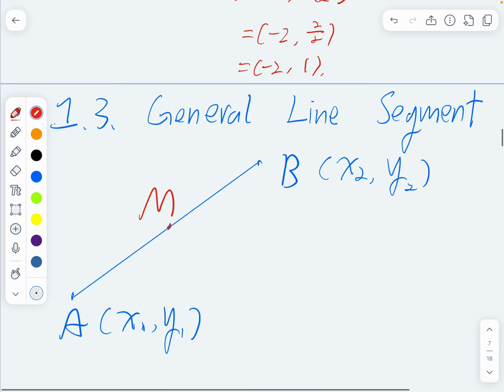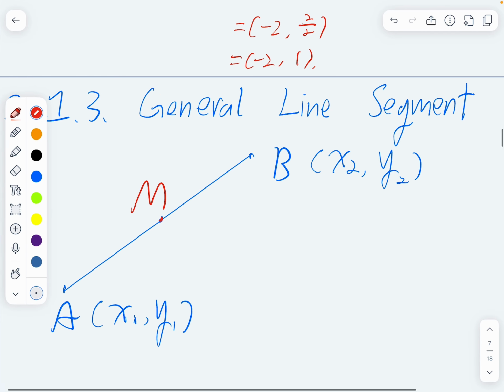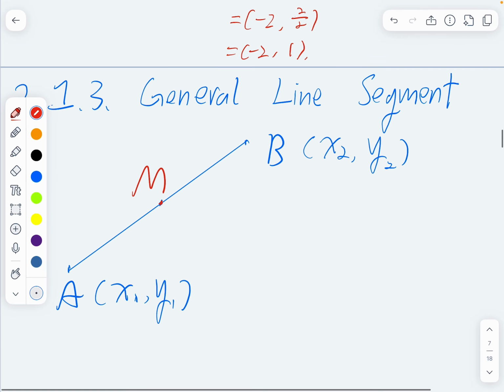Now we need to talk about the general line segment. In this case, the line is not horizontal or vertical, just any line. So how to do that? In that case we can make a triangle here, right?